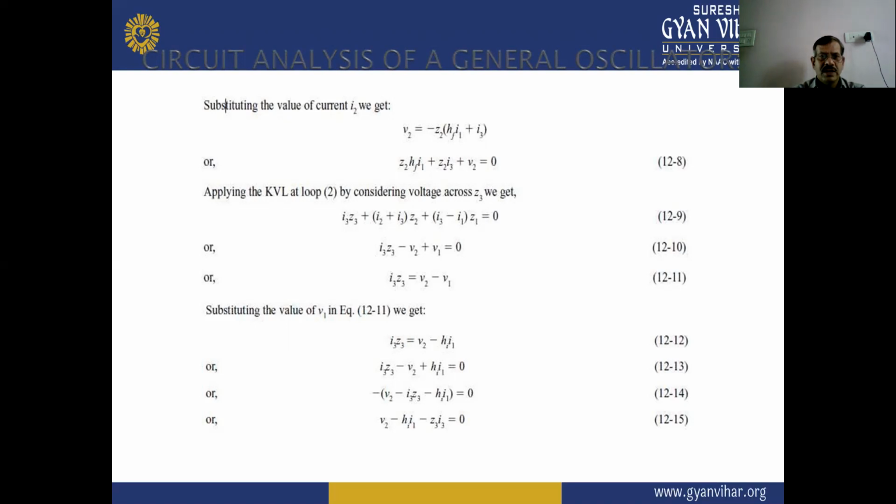Also applying KVL at loop 2, considering the voltage across Z3, we get I3 Z3 plus (I2 plus I3) into Z2 plus (I3 minus I1) into Z1 equal to 0, or I3 Z3 equals V2 minus V1. Substituting the value of V1, we find that I3 Z3 equals V2 minus hi I1, and I3 Z3 minus V2 plus hi I1 equals 0, or V2 minus hi I1 minus Z3 I3 equals 0.